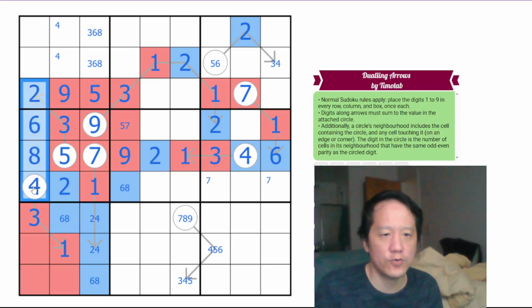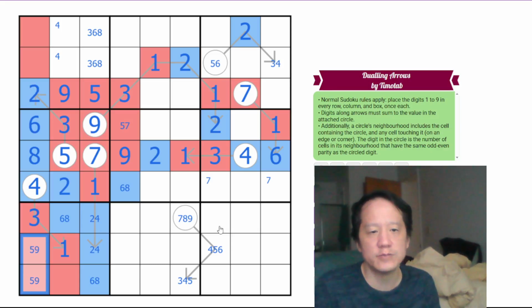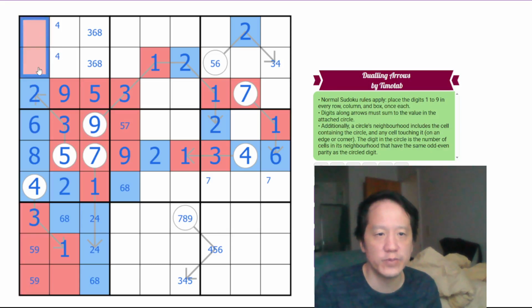We have all 4 even digits in column 1, so these have to be odd. 5 and 9 cannot be these digits, so where is a 5 and 9 in column 1? It has to be here, which makes this a 1-7 pair. This can't be 1 because of that one, so this must be 7, which makes this a 1.